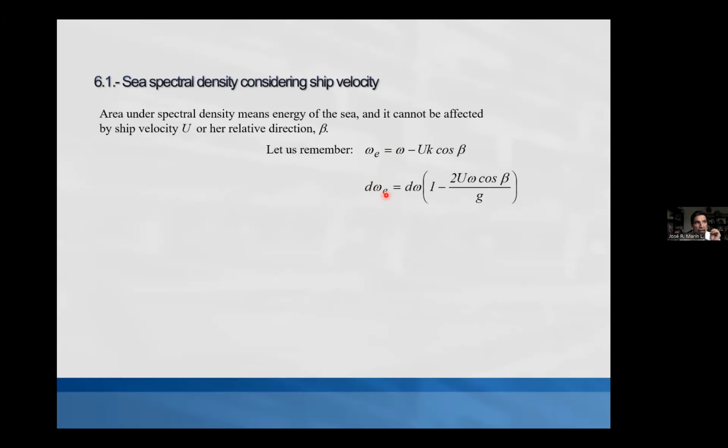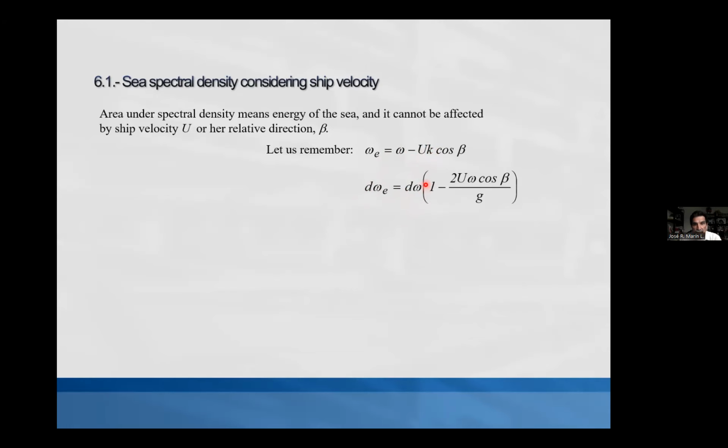Now, if we get the differential of this, okay, here in K, remember, we also have frequency implicitly, right? So here we also have omega. So we differentiate that, we get d omega from both sides, and this is what we have.